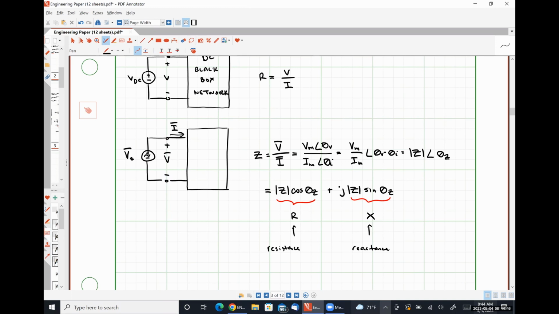Okay. Now, the resistance portion of impedance is caused by the presence of resistors. The reactance portion of impedance is due to the presence of inductors and capacitors. Okay. And so I'd like to explain that to you.